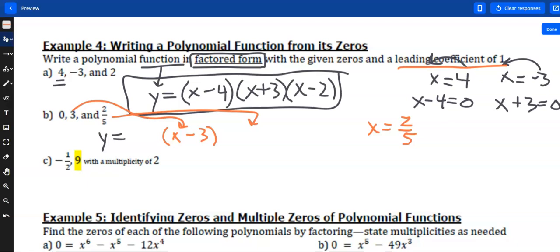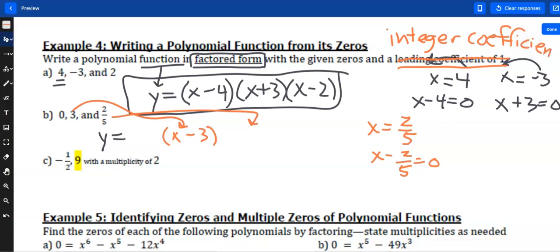If we wanted to do that with a leading coefficient of 1, it would say x minus 2/5. But if we wanted, how about we say integer coefficients. This is more likely, folks.